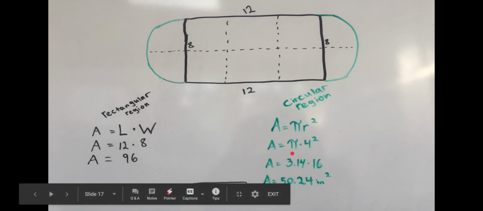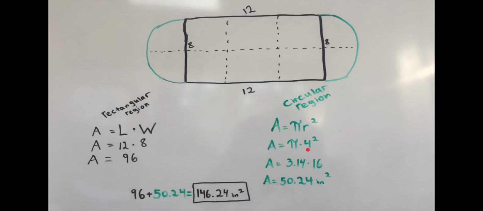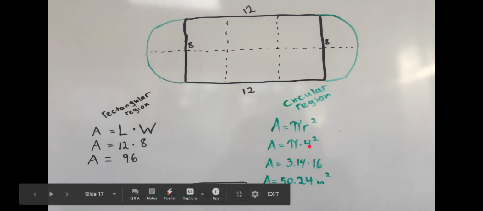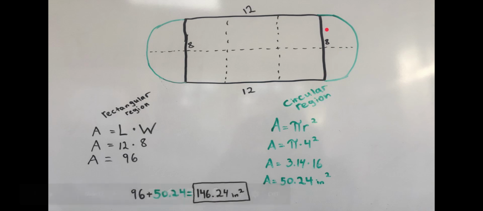When we go to the next line, A equals pi, then we substitute our 4 in. Now, why did I substitute 4? Let's go back up here. R, first of all, is radius. So we have to know what the radius is for this circular region.